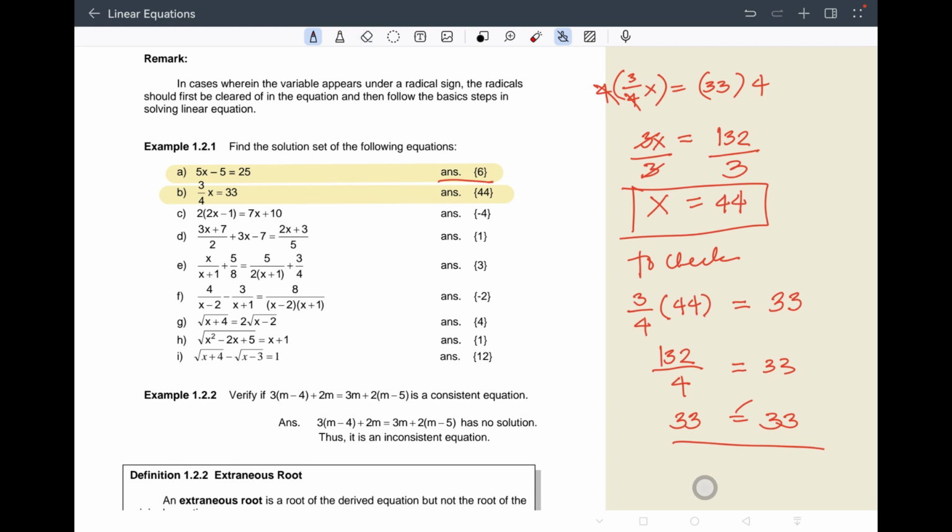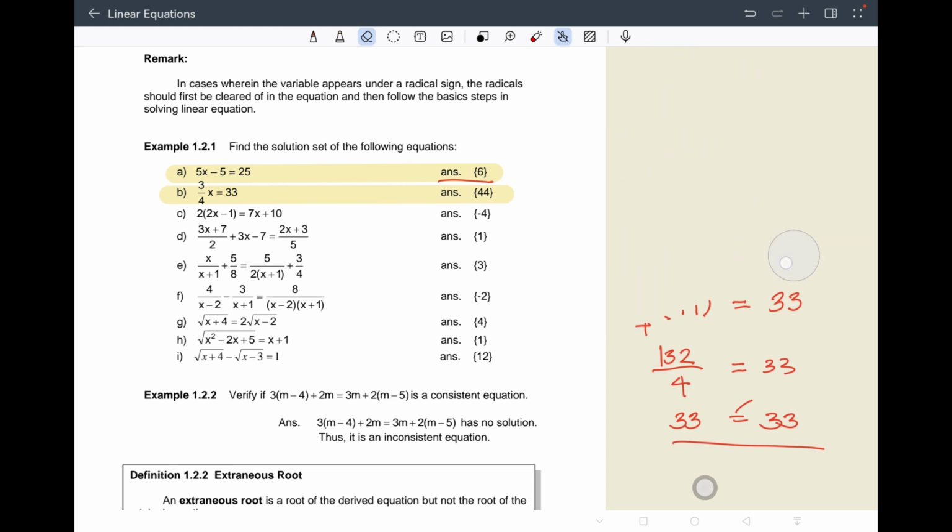Okay, how about on the third equation? So third equation, we have this. 2 times the quantity 2x minus 1 equals 7x plus 10.